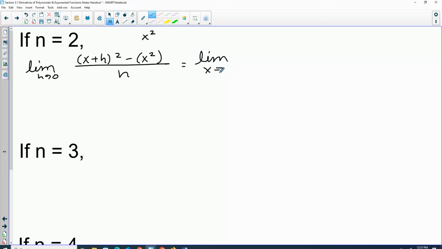If you FOIL that, you get x squared plus 2xh plus h squared. What happens? The x squared and the negative x squared cancel, and the h's get divided out.